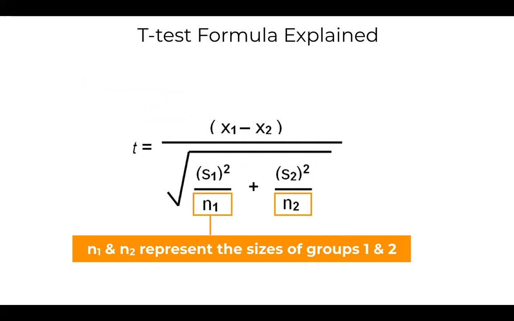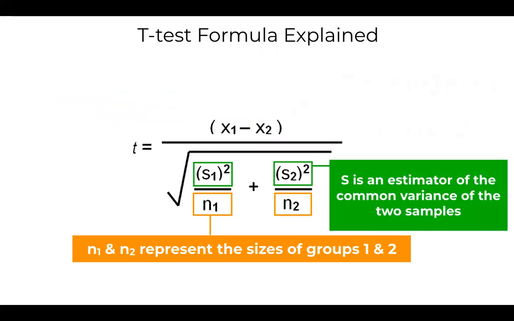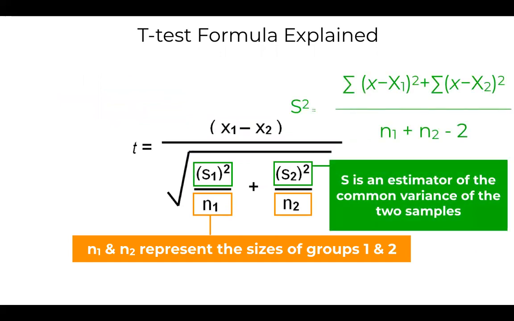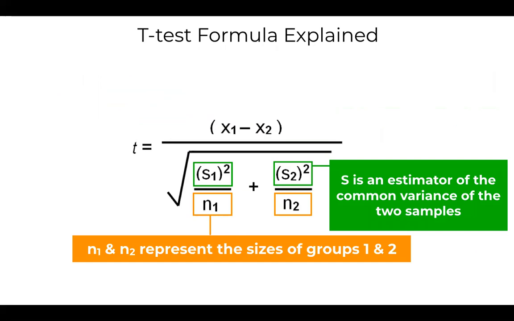N1 and N2 represent the sizes of group 1 and group 2. And S is an estimator of the common variance of the two samples. This is a test that you can actually do on your Excel sheet. There is a way of doing it, and that has been shown in transcriptomics too.